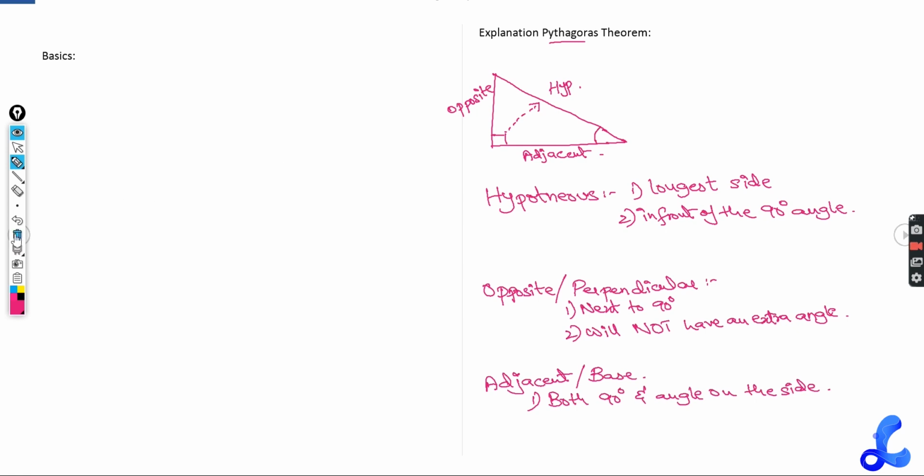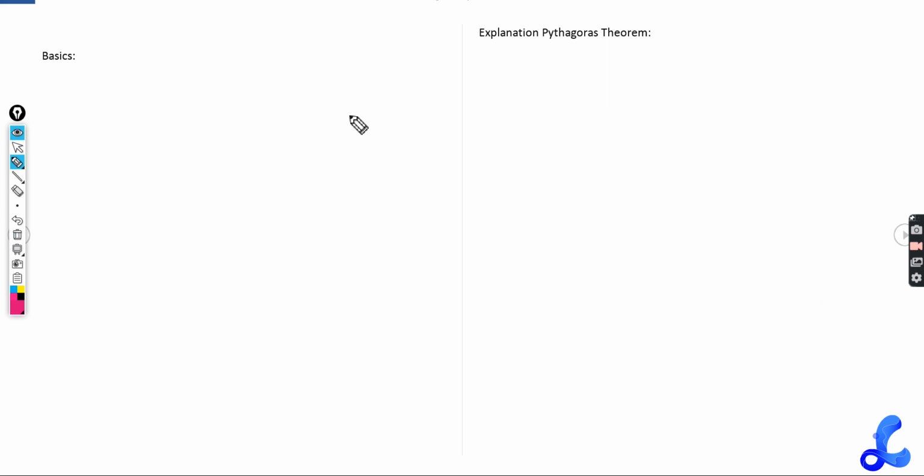Okay, so now we have not yet started Pythagoras theorem. So what is the Pythagoras theorem? The formula for Pythagoras theorem is hypotenuse square equals to opposite square plus adjacent square, or h square equals to o square plus a square.